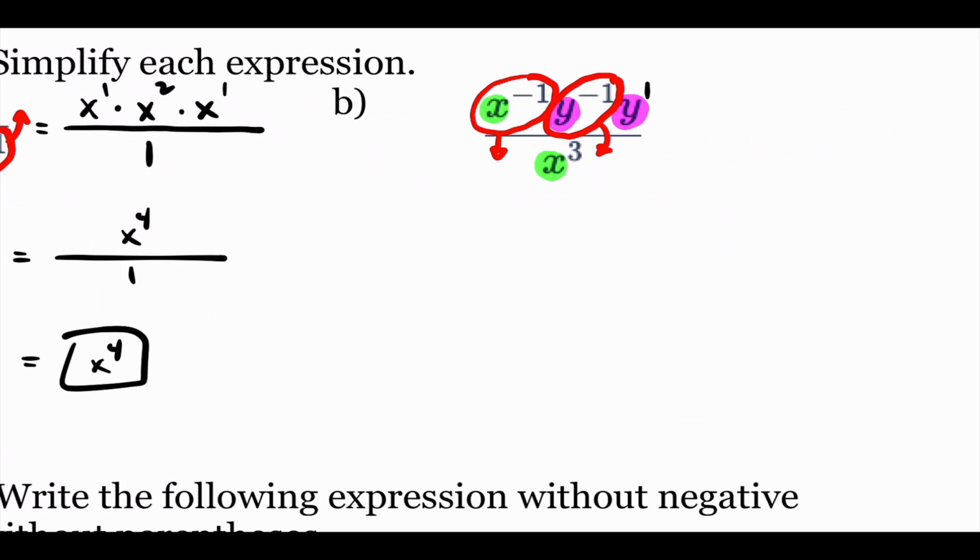The y on top doesn't have a negative exponent. The x to the third on bottom doesn't have a negative exponent, right? So those can stay. Okay, so what does it look like when those things move? Let's see. So on top, I'm just going to have a y to the first, right? On bottom, I'm going to have several things.